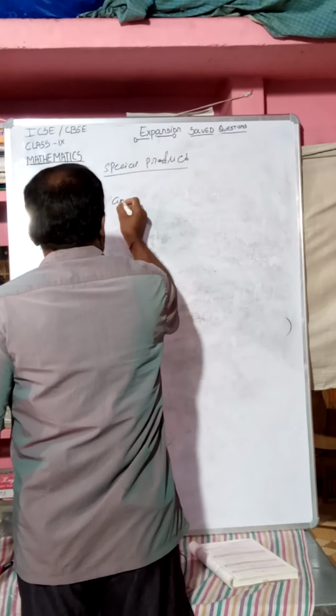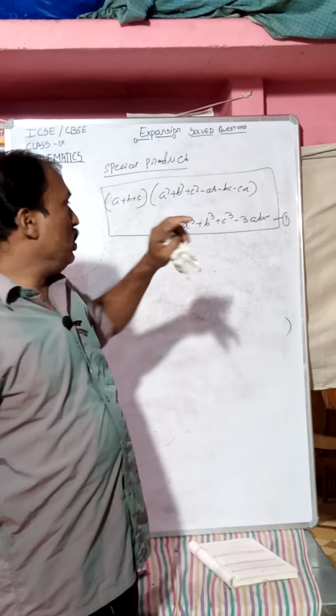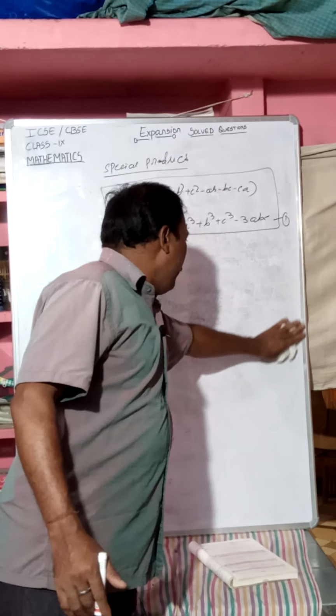So as the first factor contains 3 terms, the second factor will be multiplied 3 times: a into this much, b into this much and c into this much. Then we explain, and lastly we will find a³ + b³ + c³ − 3abc. So we remember this formula.